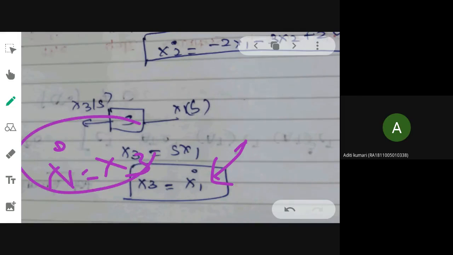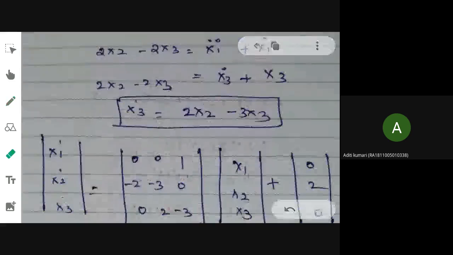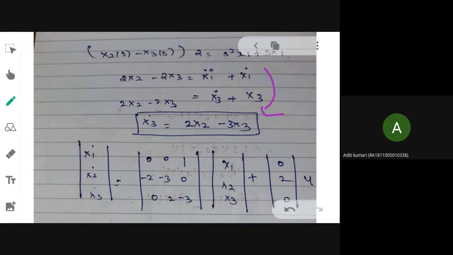So that is how you are replacing it: x1 dot is replaced by x3 and x1 double dot you are replacing as x3 dot. Okay, alright. So from this you are writing x3 dot, x1 dot and x2 dot, all are over.